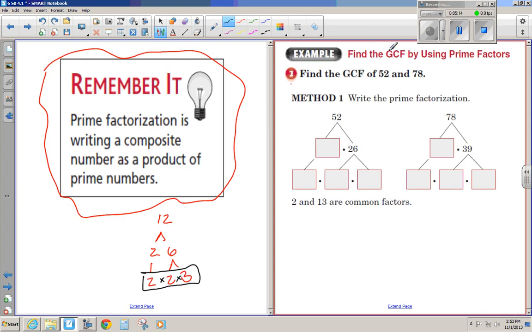All right, find the greatest common factor by using prime factors. Write the prime factorizations.